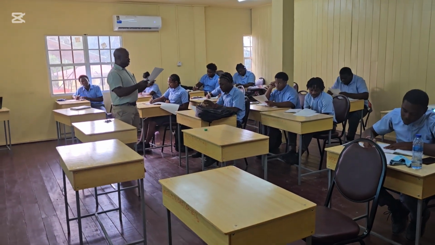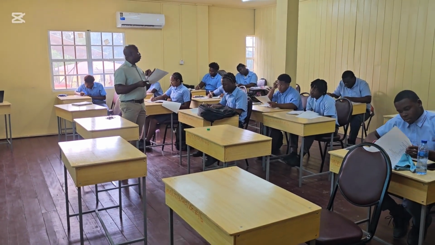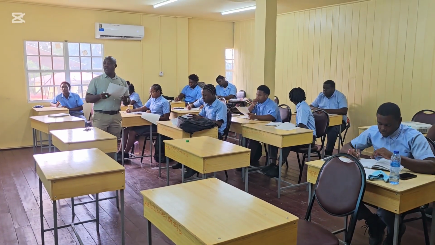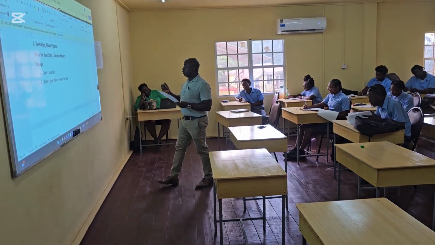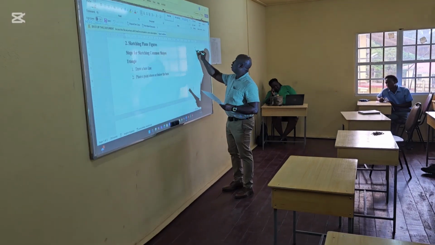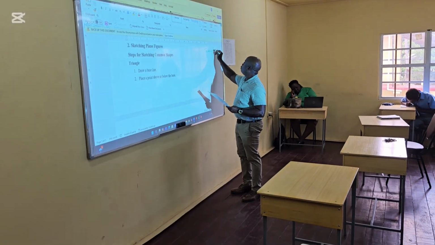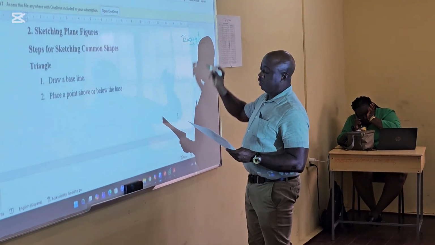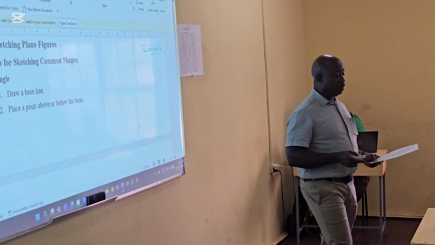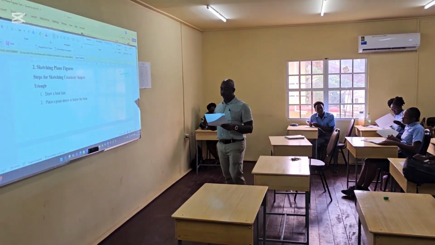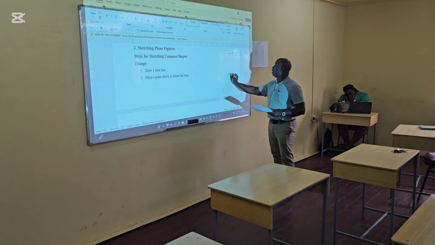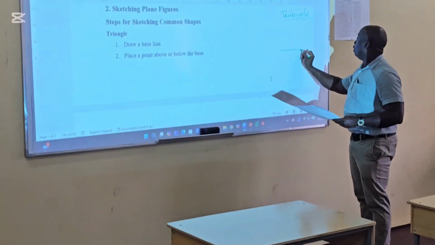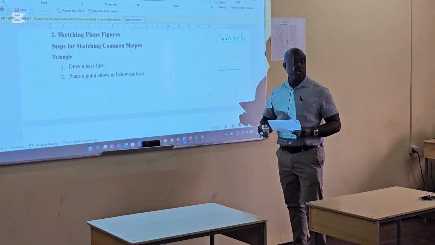We now follow our steps and do common sketches of plane figures. We look at triangle. So what is the first step here? Draw a baseline of reasonable length.